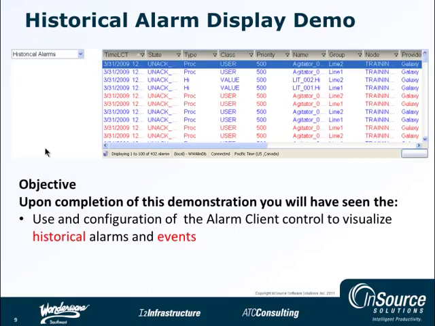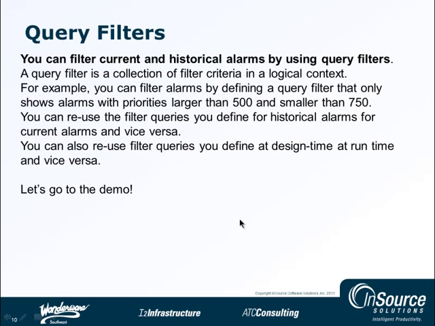Then we have the navigation, the drop-down menu on the side, where we can choose to see alarms, or just events, or alarms and events at the same time. Upon completion of this demonstration, you will have seen the use and configuration of the alarm client control to visualize historical alarms and events as well.